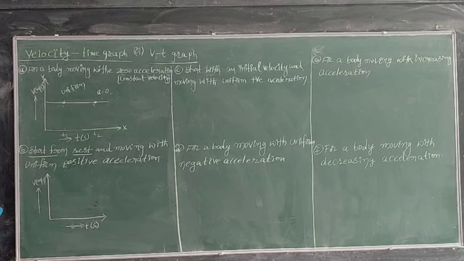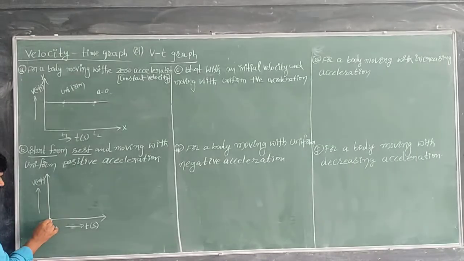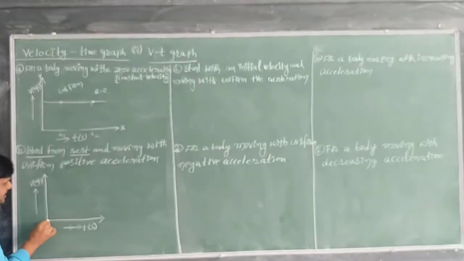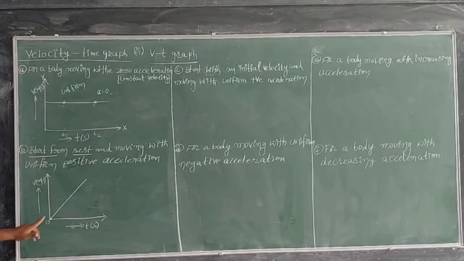Starting from rest means it must start at the origin. Uniform means we have to draw a linear line like this. This graph represents a body that starts from rest and moves with uniform acceleration.